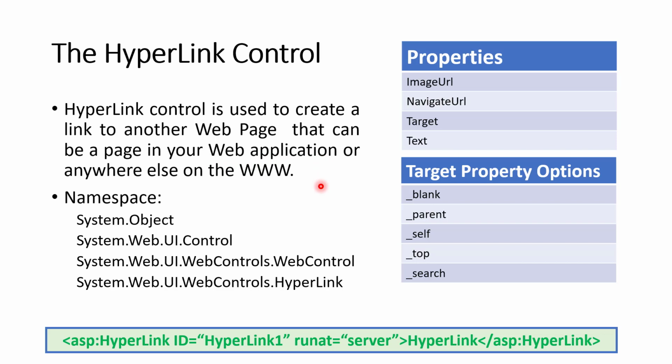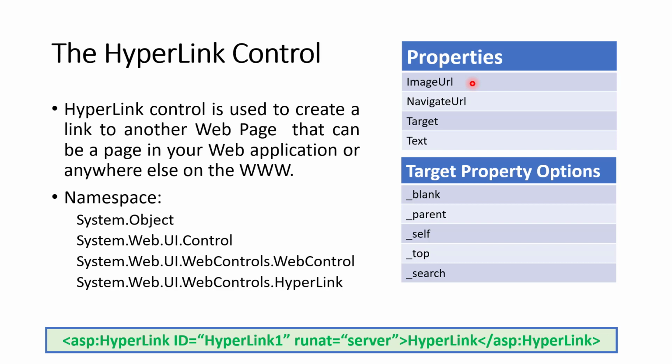Namespace hierarchy for the hyperlink control is system.object, system.web.ui.control, system.web.ui.webcontrols.webcontrol, and system.web.ui.webcontrols.hyperlink. Now we'll discuss properties of hyperlink control. Among that, first is image URL.